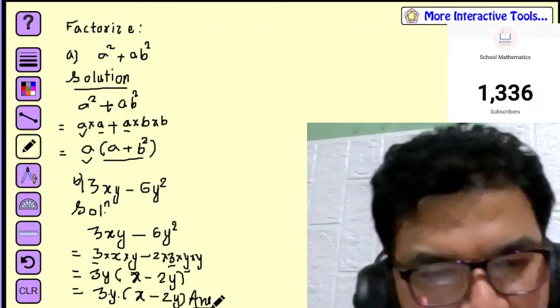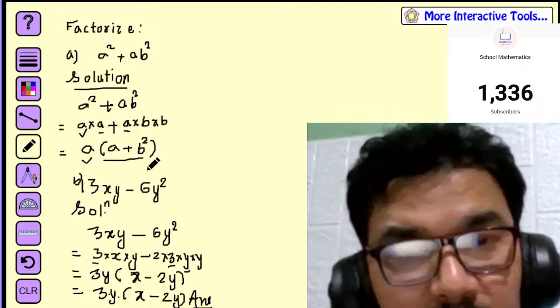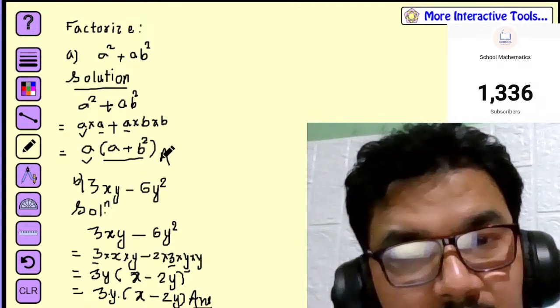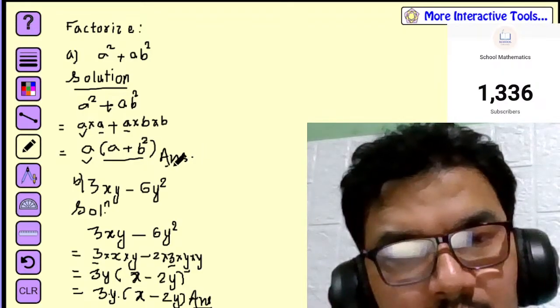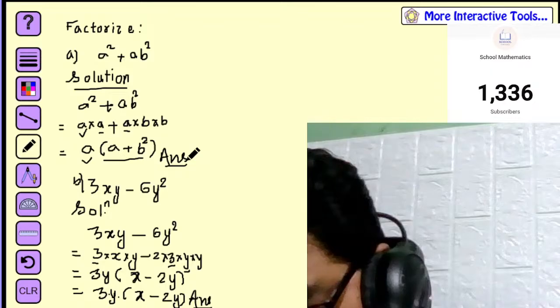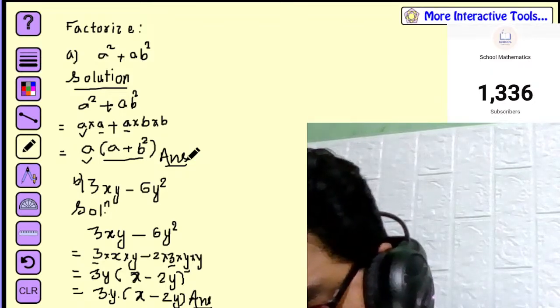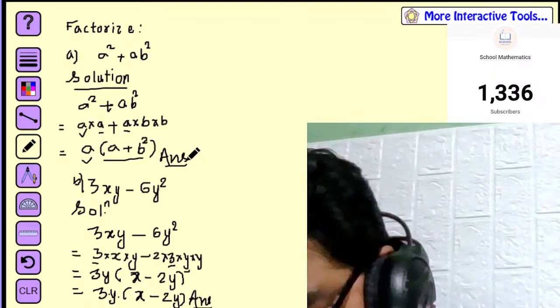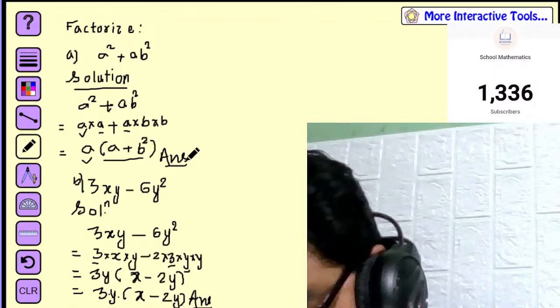This is our answer. And in question number 1 it was the answer here, and we take the common. Like this we solve it, and we find the factors of the given algebraic expression.